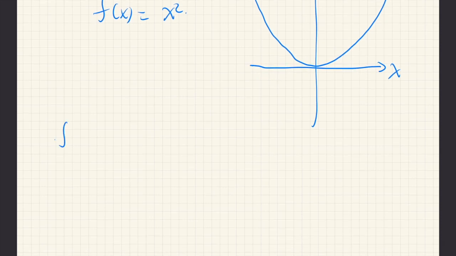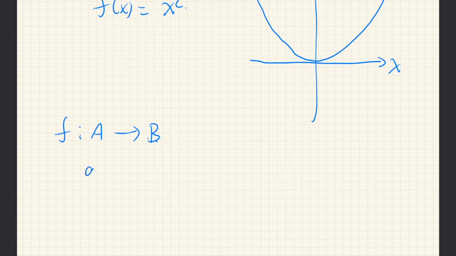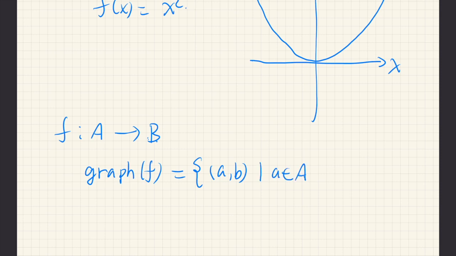Let's say we have a map f from A to B, then the graph of f is defined by this set. It's a set of pairs (a, b) such that a is an element of A and b is equal to f of a.